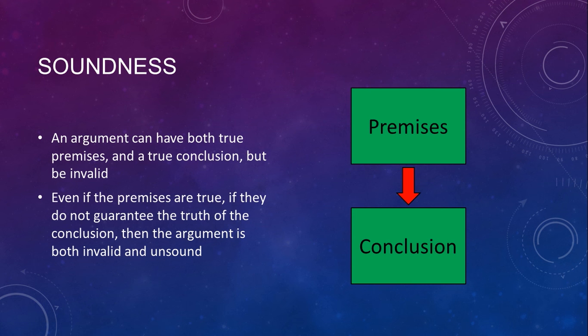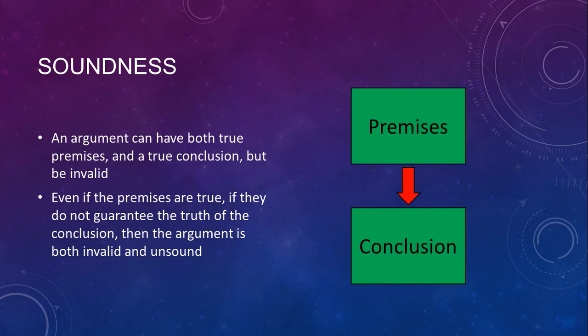So in 245, I think the definition they give of validity is that it is impossible for the premises to be true and the conclusion to be false. Are we using a different interpretation? No, it's the exact same. So in this case, it might be, as a matter of fact, the case that the premise is true and the conclusion is true, and yet the argument is invalid because it's possible for the premise to be true and the conclusion to be false. I see it.